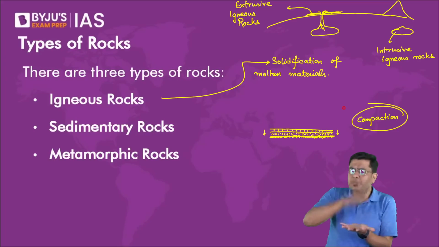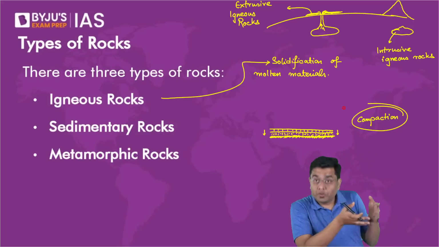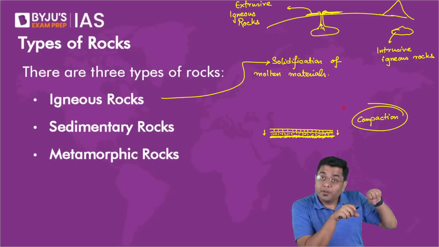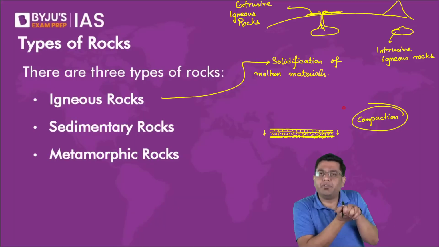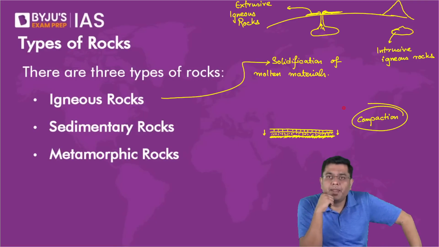Everything will be much more compact and concise. Eventually, through a process that is also referred to as cementation, they will solidify, where the various different minerals will combine with each other, they will solidify, and they will create a rock. And that is the sedimentary rock. So that is how sedimentary rocks can be created.